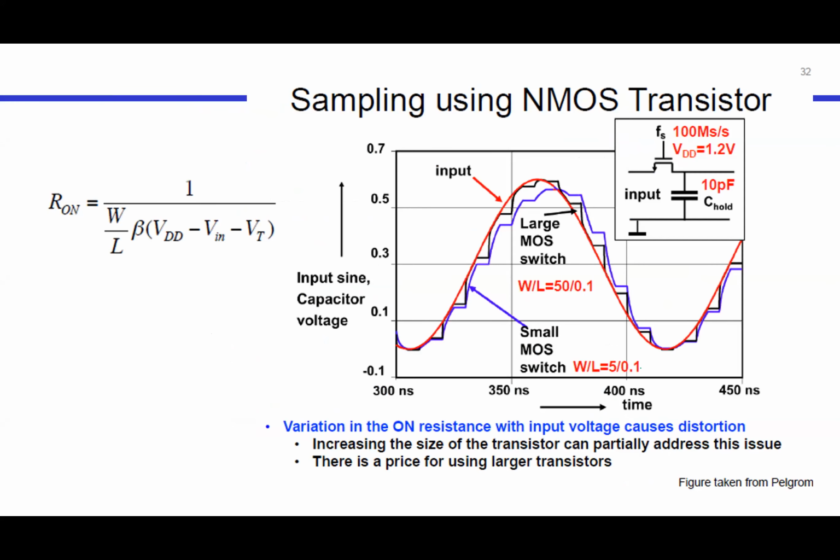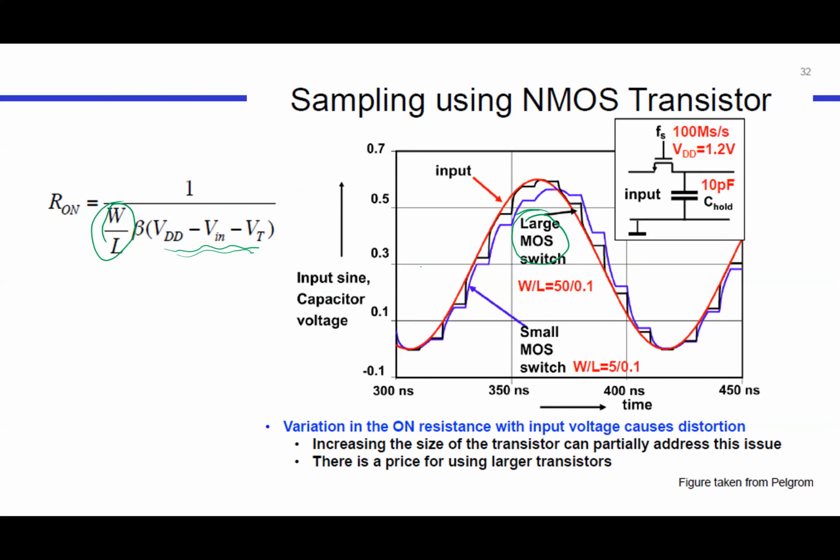So if we look at this example here, assuming I have a larger switch width, in the black line, this value is large, and therefore I will have lower effect from this part here. You can see when my Vn goes high, I am slightly not tracking it correctly, but it's still good enough.